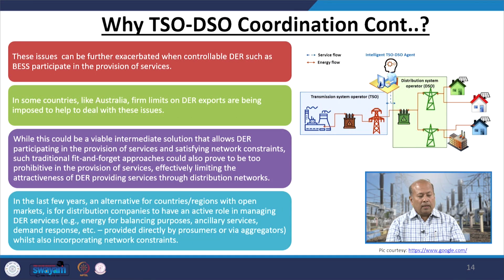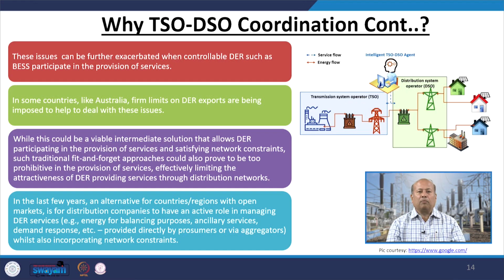Now, moving further, in some countries like Australia, firm limits on DR exports are being imposed to help deal with such challenges, such as how DRs and BSS can participate, but they don't allow participation that causes a serious challenge to the system.